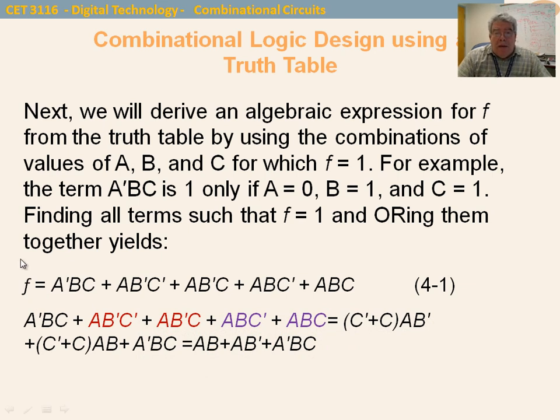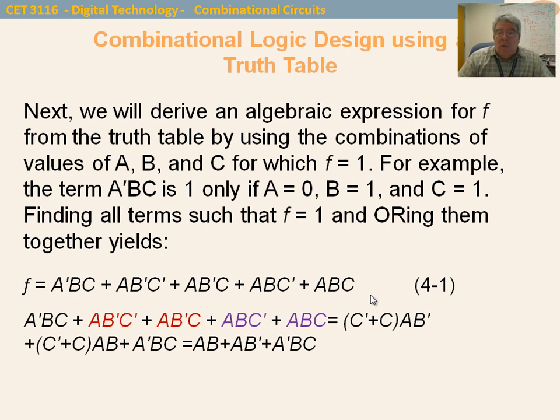Well, the other thing is that we may simplify this. We already know certain rules and theorems to make that expression, and eventually the circuit, much more efficient, faster, and less costly.